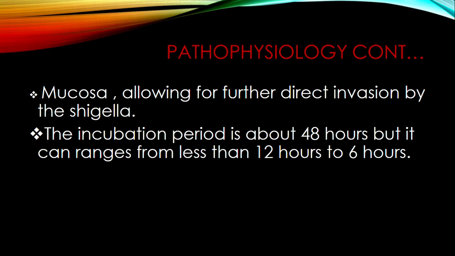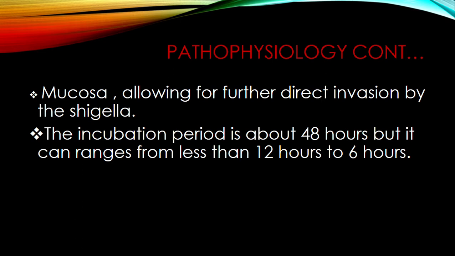And when there is damage to these body tissues in the intestines, the bacteria will freely attack the body tissues, the cells, causing severe damage to the intestines. As a result, there will be blood leaking out of the injured sites, and mucus will start to be produced, and it will be evident in the patient's bowel.